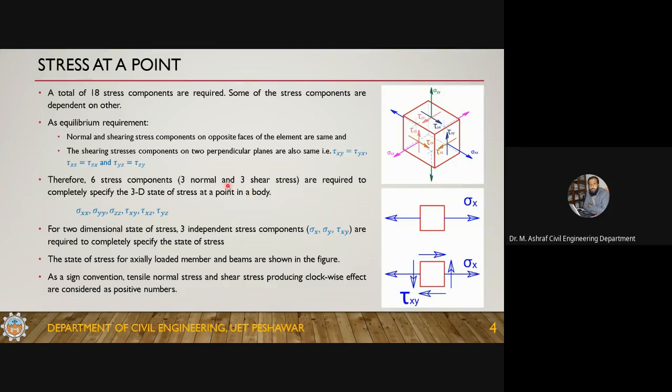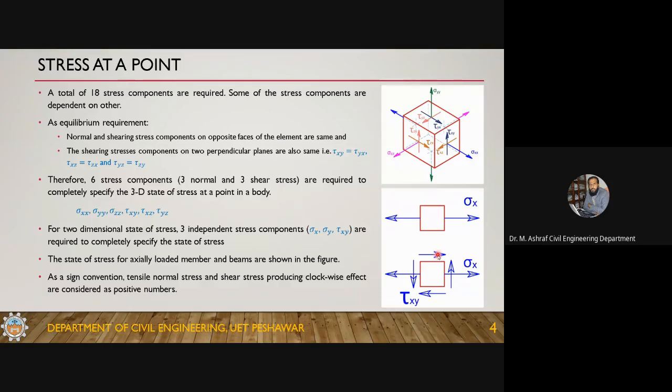If you have a two-dimensional state of stress like this one, and a shear stress on the x plane, this is a vertical shear stress, so it must be accompanied by a horizontal shear stress. And the vertical shear stress is the same as the horizontal shear stress; in magnitude they are equal to each other.